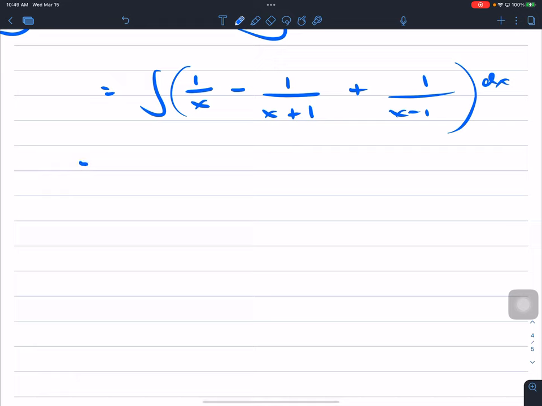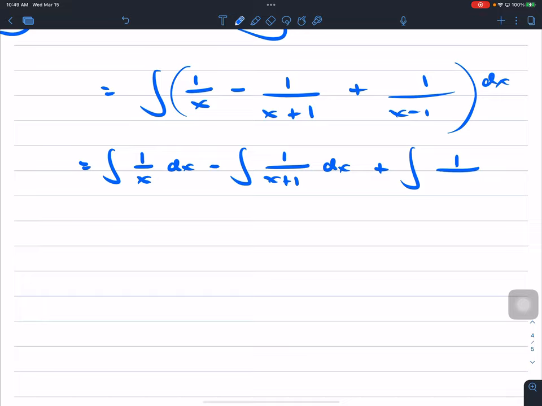And again, integrals of sums and differences, you get the integral of 1 over x dx minus the integral of 1 over x plus 1 dx plus the integral of 1 over x minus 1 dx, okay?